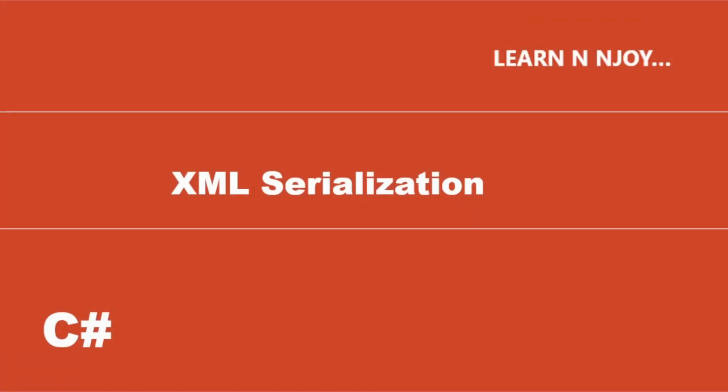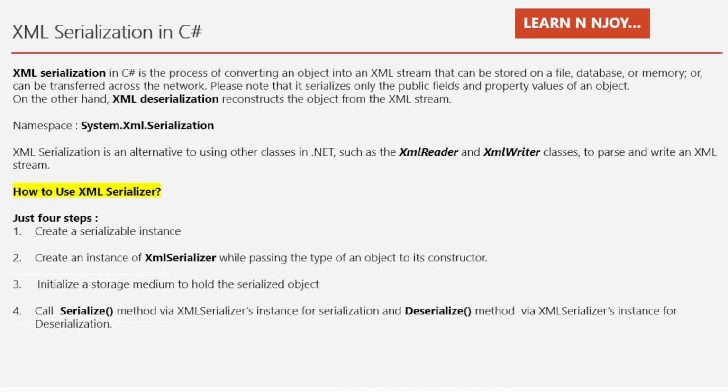XML serialization. What is XML serialization in C#? XML serialization in C# is the process of converting an object into an XML stream that can be stored in a file, database, memory, or can be transferred across the network. Please note that it serializes only the public fields and property values of an object.